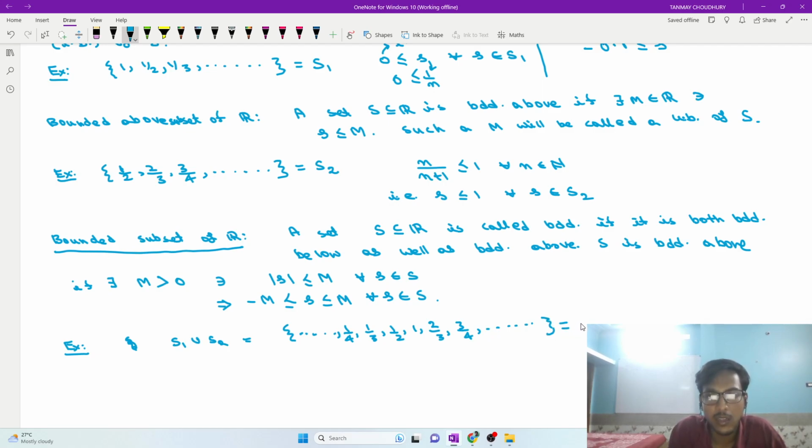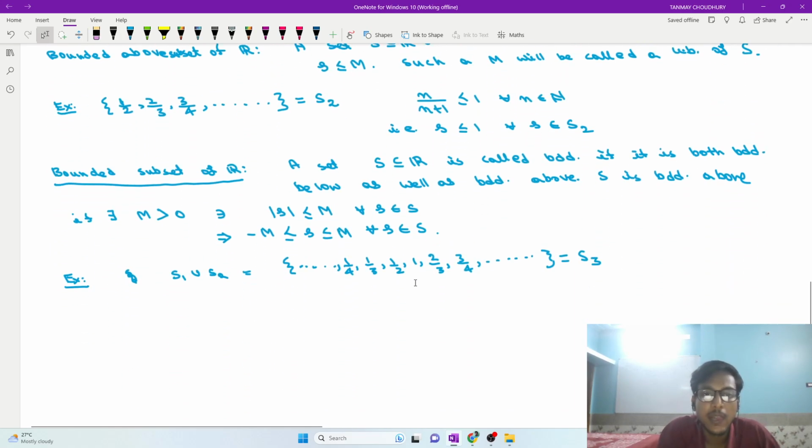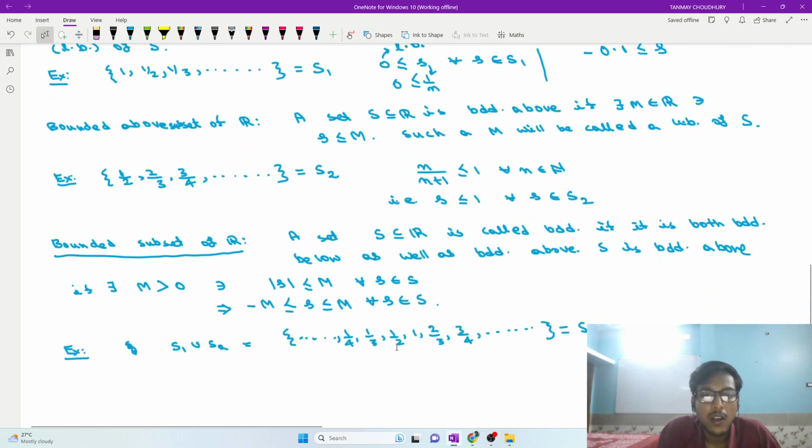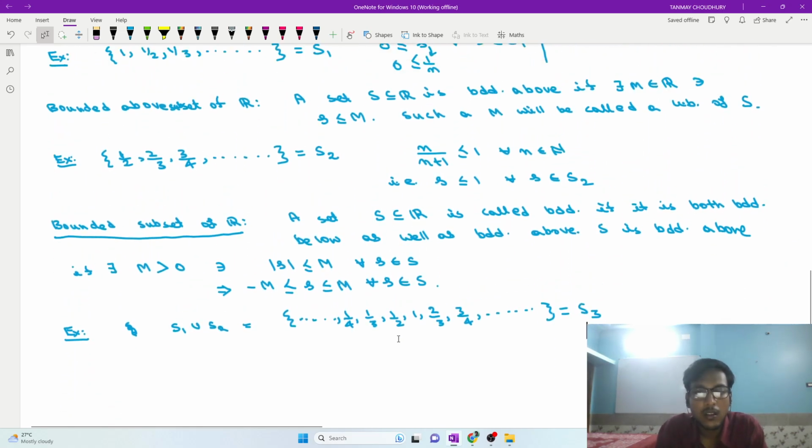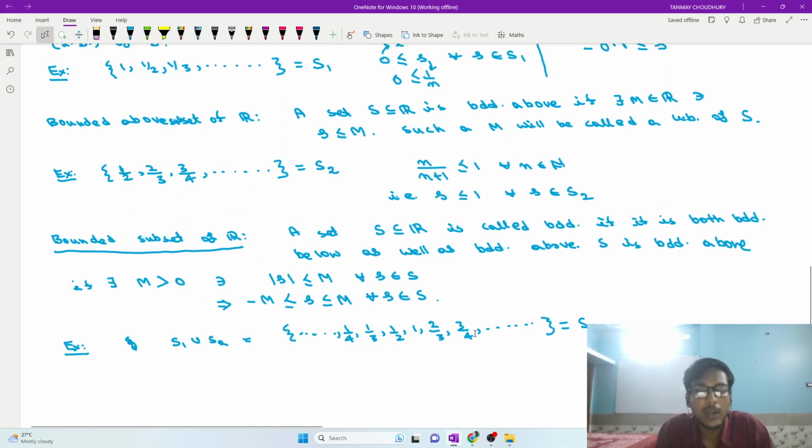Call that set S3. Then we already know that 1 will also work as an upper bound for this set, because all the elements of this set are less than or equal to 1. And similarly 0 will work as a lower bound, because all the elements of the set are positive. Now my question is, what will be this M for such a set?